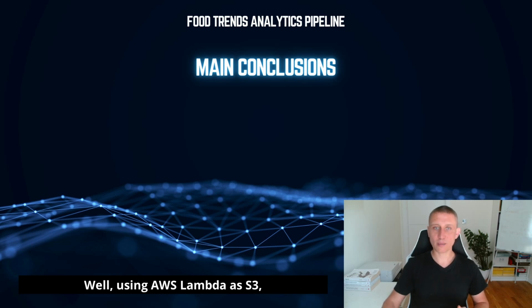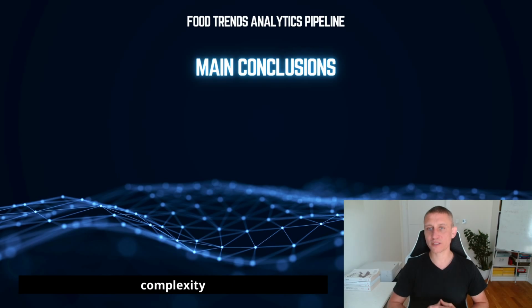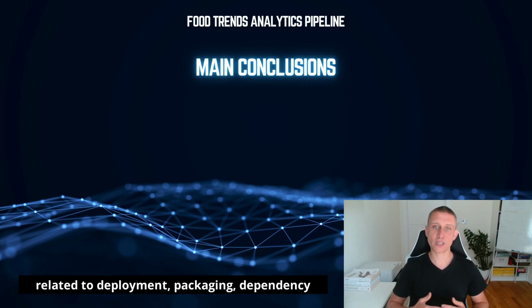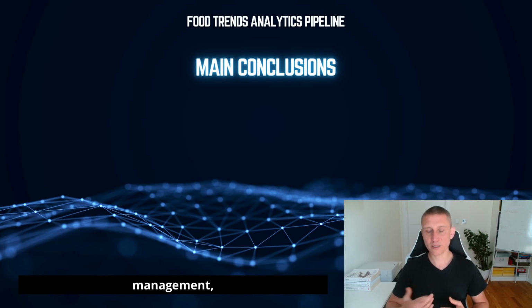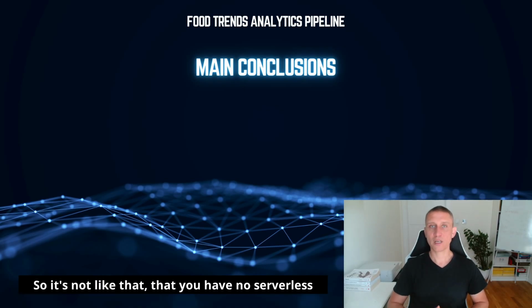Using AWS Lambda and S3 significantly reduces infrastructure complexity and operational costs, but it also introduced new challenges related to deployment packaging, dependency management, execution limits, and configuration handling.